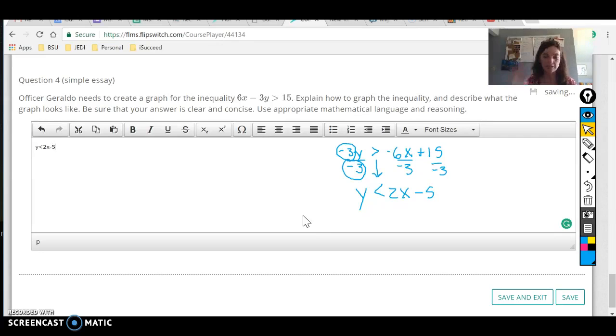Okay, this means that our line, our border line, has a slope of positive 2 and a y-intercept of negative 5. Okay? As y is less than this, the shaded area will be below the borderline.